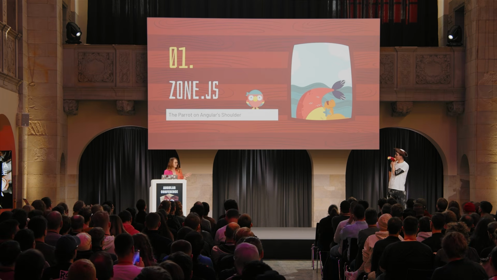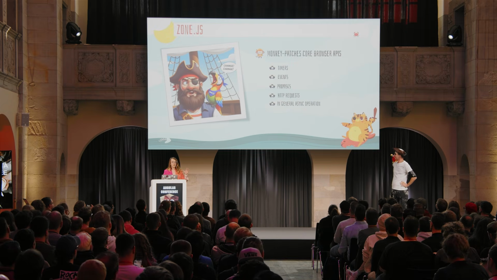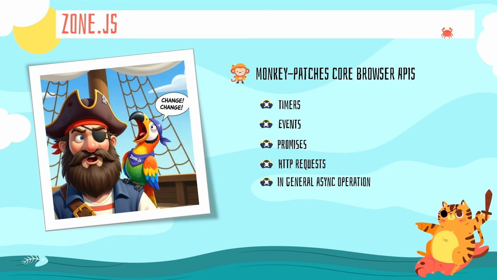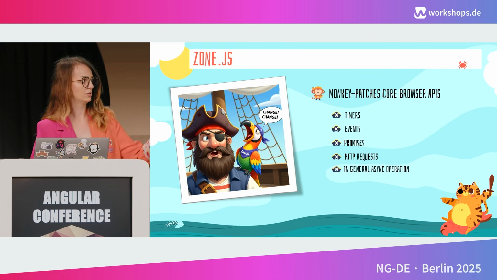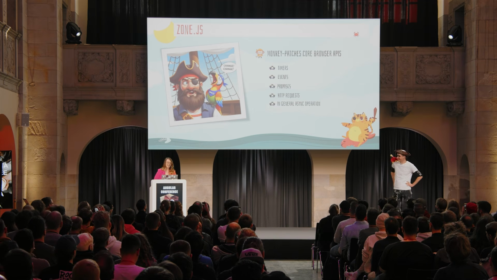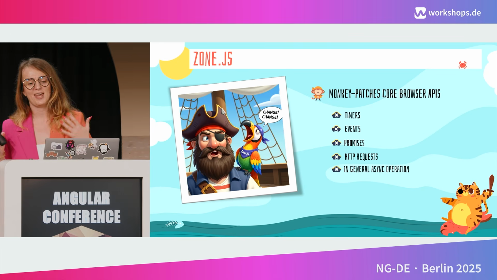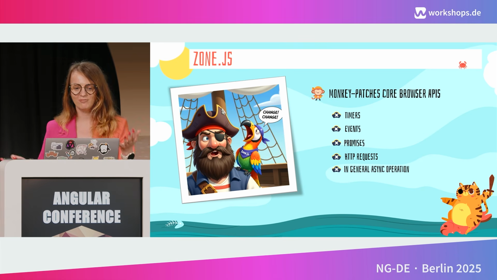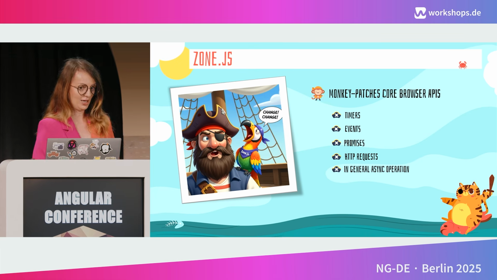So think about it like this captain's parrot, which screams every time something happens on the ship. Sailors sneeze or spoons fall down. Zone.js monkey patches core browser APIs like timers, events, HTTP requests, in general any async operation.